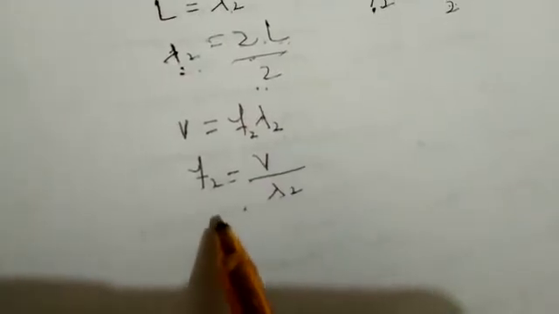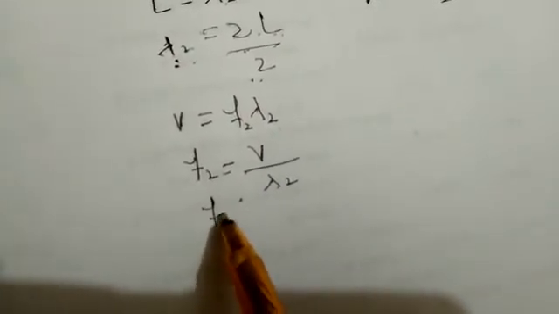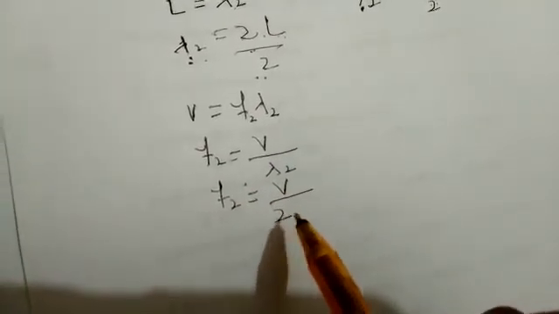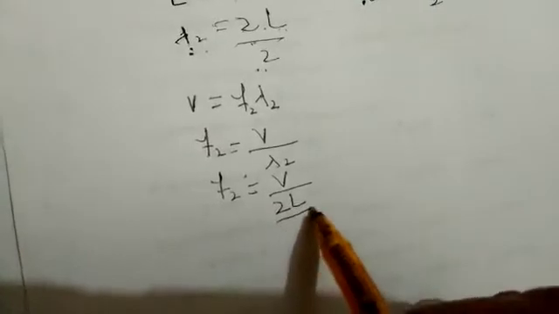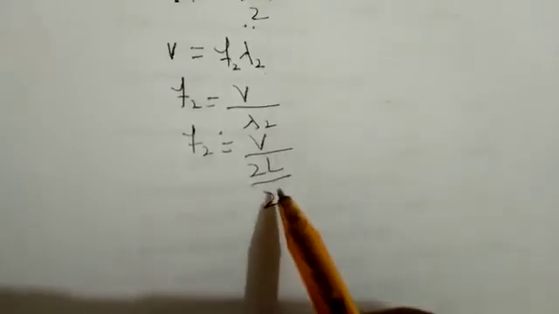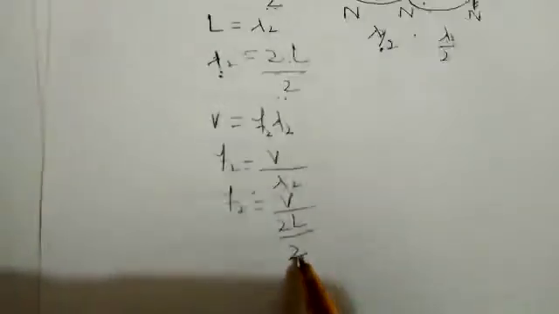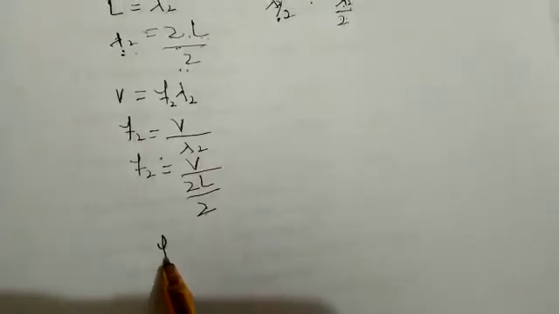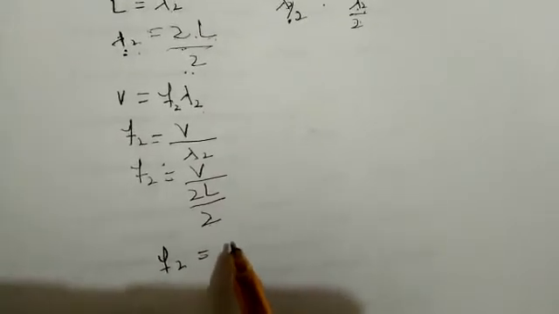So instead of lambda 2 we write f2 is equal to v divided by 2L divided by 2. Or we can write this 2 on the first place.